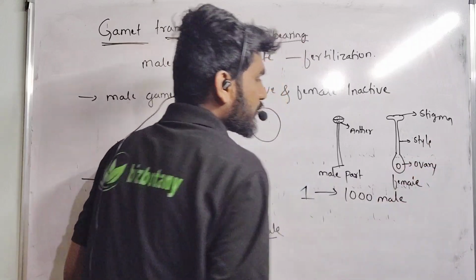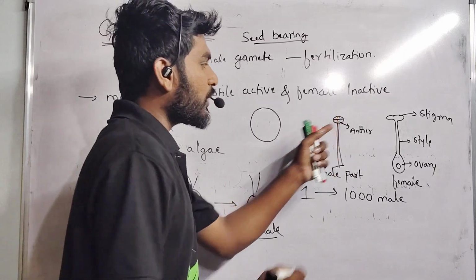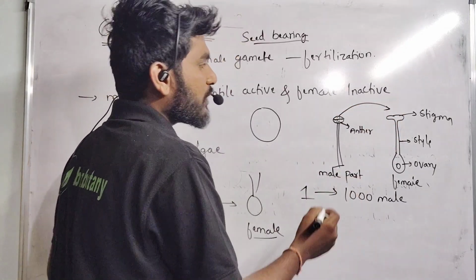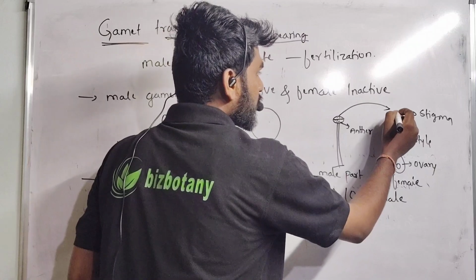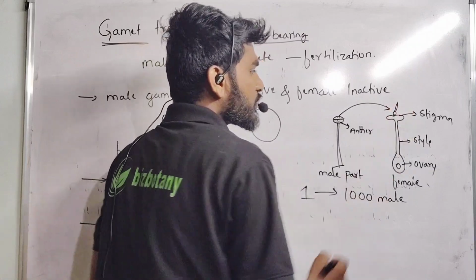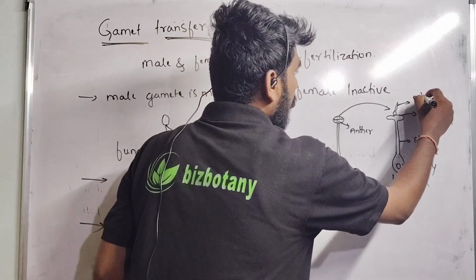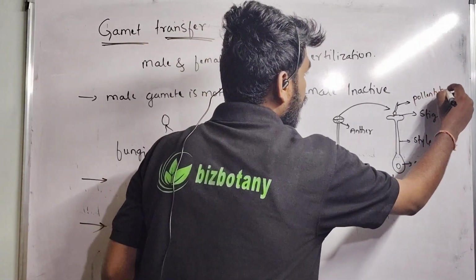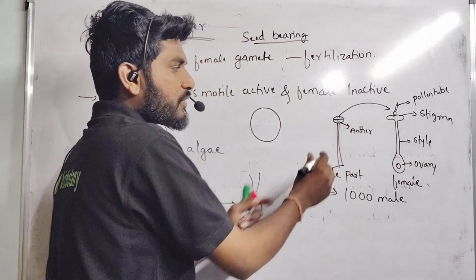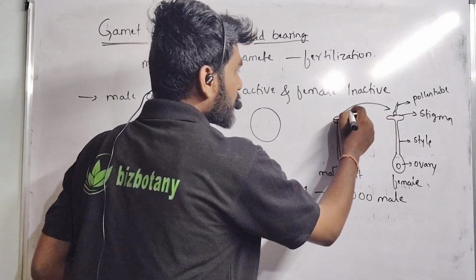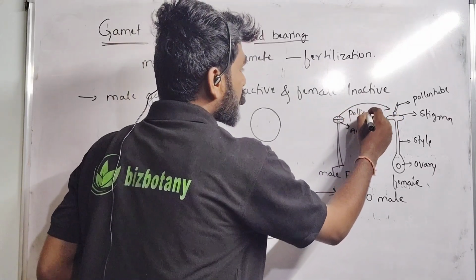Inside this ovary we have an egg. When the pollen grains reach the stigma, they undergo germination and form a germ tube. The pollen tube will be formed. This process, the transferring of pollen grains from anther to the stigma, we call pollination.